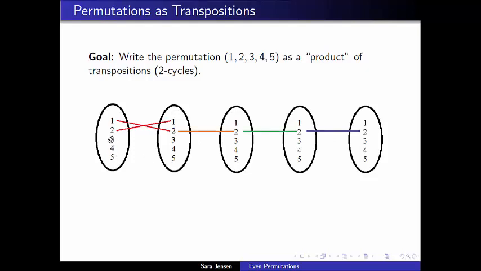Now, we haven't touched the 3, 4, and 5, so let's not think about them quite yet, but know that where the 2 was, the 2 has now been mapped to 1. And ultimately, we want the 2 to map to the 3 position. So the 2 maps to the 1. The natural next step is to have that 1 map to 3.